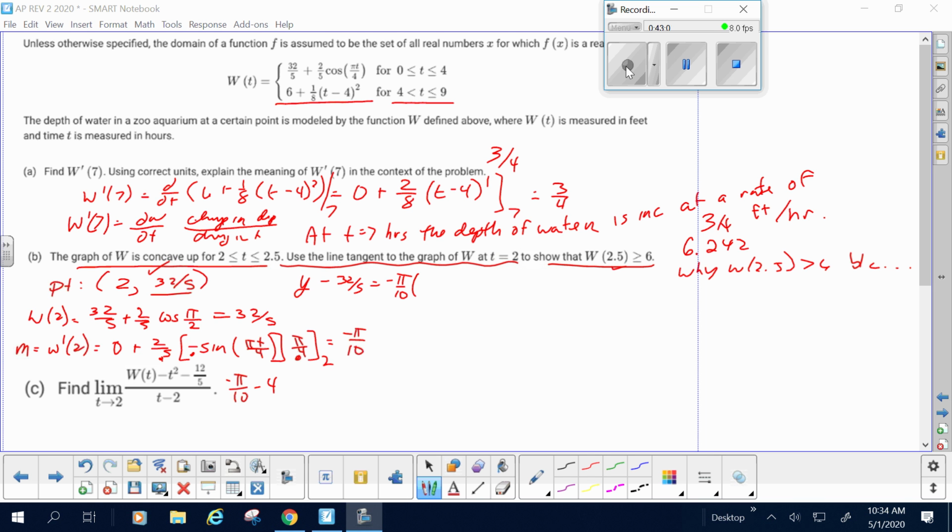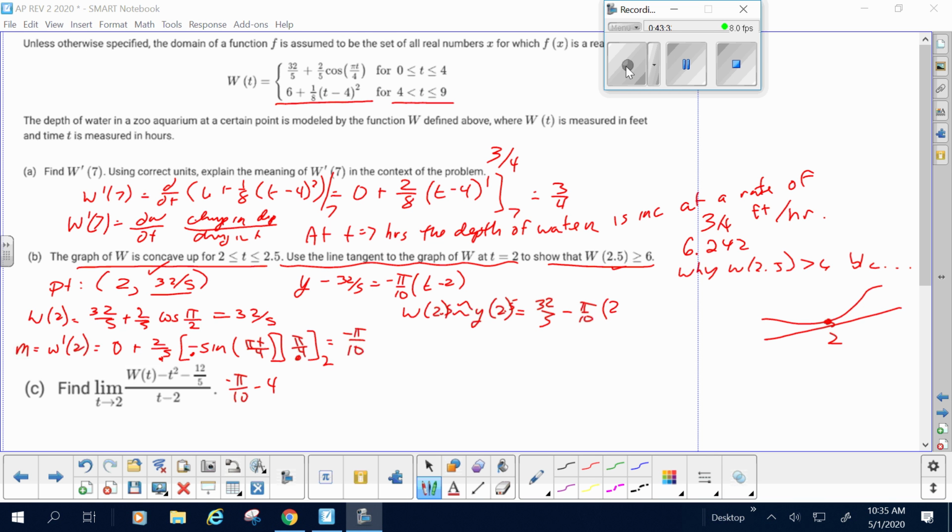It's not x in this problem, it's t, so t minus 2, all right? So there's this curve, and I wrote a tangent line equation to it at 2. All right, so W at 2.5 could be approximated with my line at 2.5.